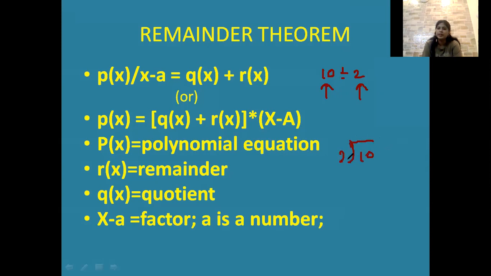If you divide 10 by 2, you'll be getting the quotient as 5. 5 2s are 10, right? So this part is going to be the remainder and this part is going to be the quotient. This same strategy works with the remainder theorem as well. It's very, very easy. Let me explain this with a problem so that it would be more clear.